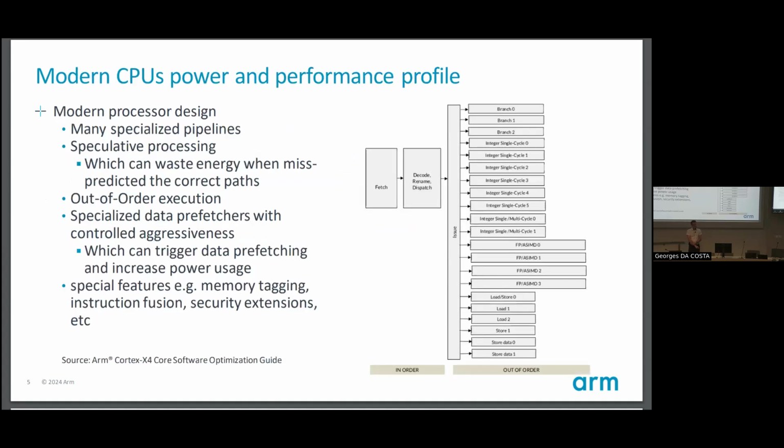Let me introduce some information about the recent and modern processors, and I will also explain a bit more, because we have touched this topic yesterday, about the power and performance profile of the CPU that can vary. And as you can see on that plot, it's an abstract view of a processor, a quite modern processor. This is Cortex X4 documentation. There are 21 pipelines, and actually the modern processors, they are more aggressive and more sophisticated.